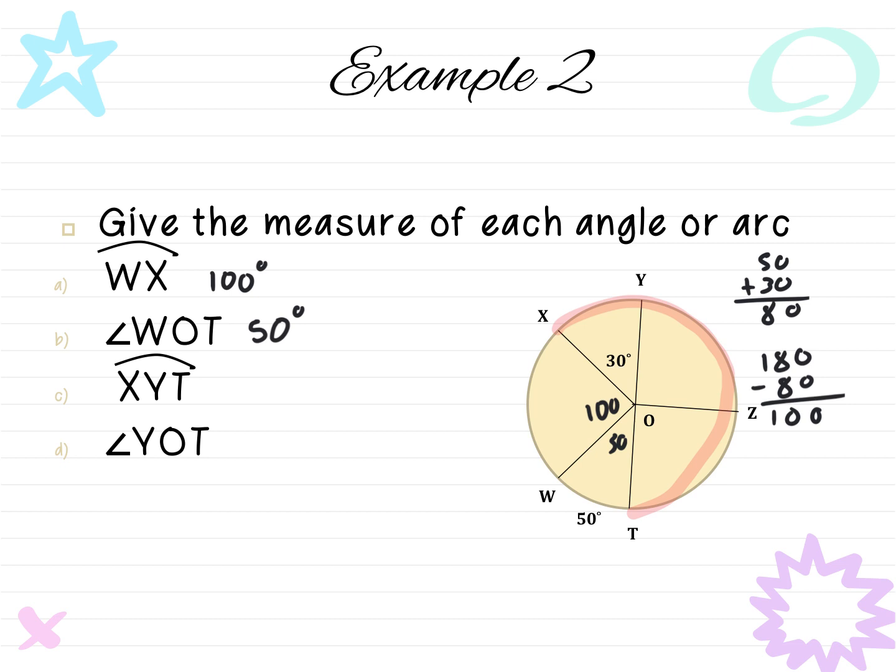So we're going to end up doing 180 plus 30. So we're going to end up with 210 degrees. And then lastly, we're going to find angle YOT, which is this segment right here. Now that is a straight line, and every angle that is a straight line is just 180 degrees. So that will be how we find those measures.